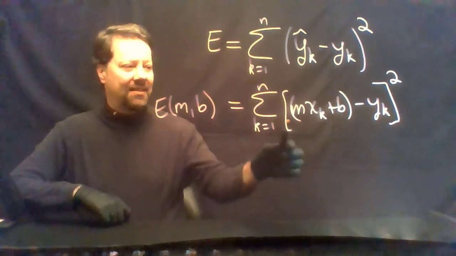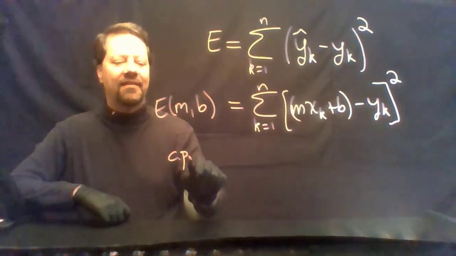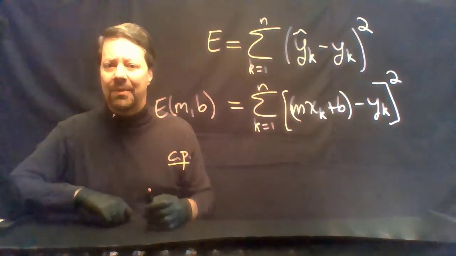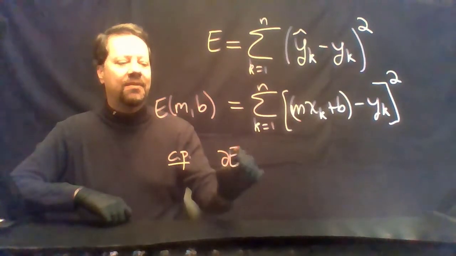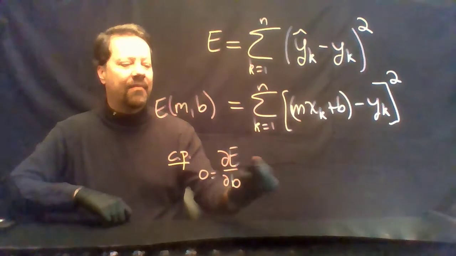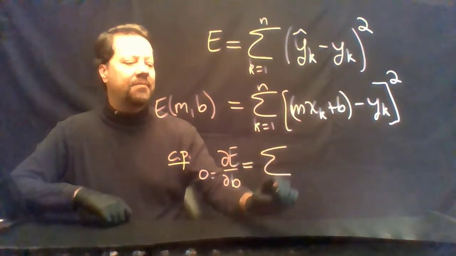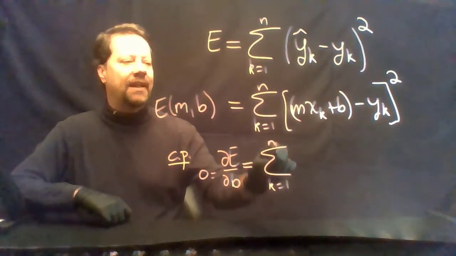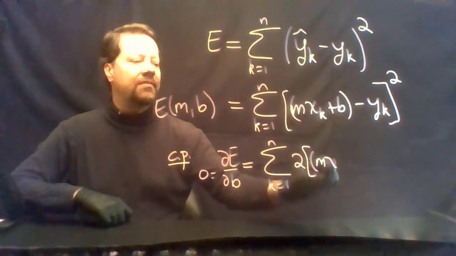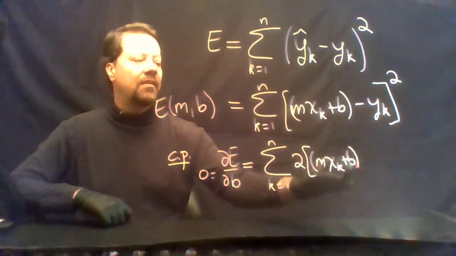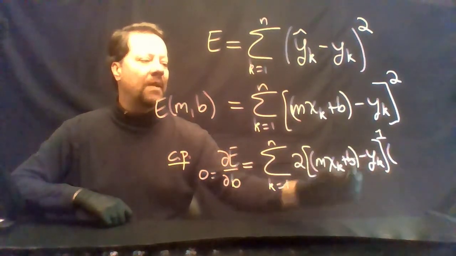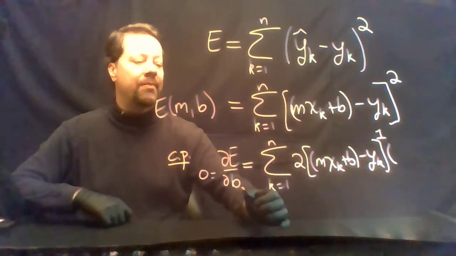To find this critical point, we need to take the partial derivatives of E and set them equal to 0. So we'll take dE/db, which is the sum as k goes from 1 to n, the 2 can come down. We'll leave the inside alone. Subtract 1 from the exponent, and then multiply by the derivative of the inside with respect to b.